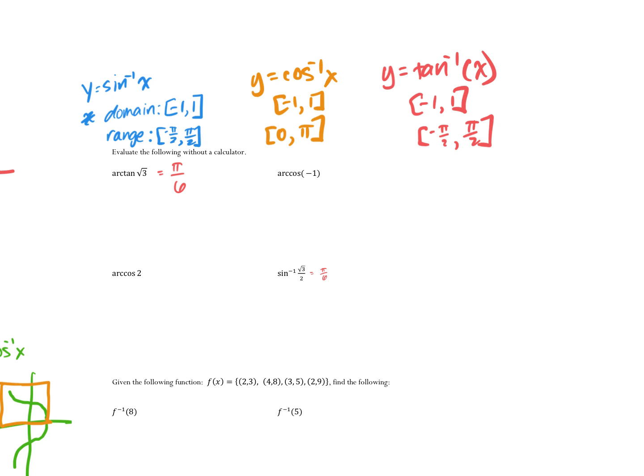Oh, that's a typo. You know what? We won't call it a typo. Is there an angle where the arc cosine is equal to 2? What's the range? What is the input, or what is the domain of arc cosine? Between -1 and 1. So can I plug in 2? No, because 2 is outside of the domain. So that one's not possible.